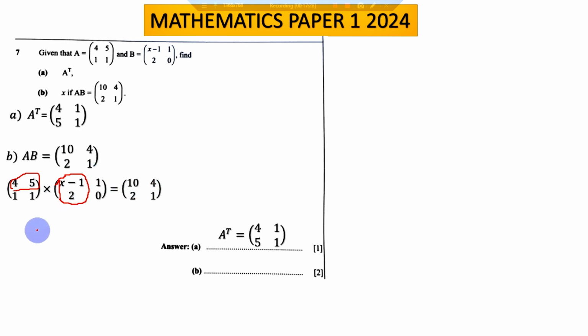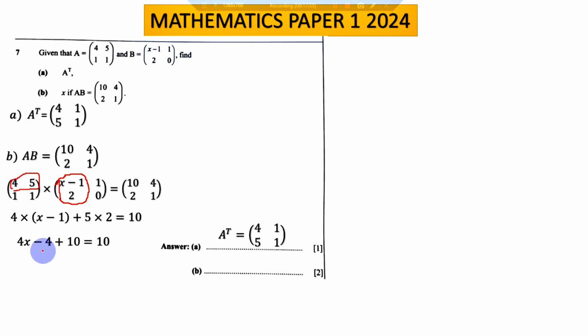So 4 times x minus 1, so 4 times this, you put them in brackets. So 4 times open bracket x minus 1 plus 5 times 2 equals to the first element in this other matrix, which is a 10. Then we solve this equation. So 4 times x, 4x, 4 times negative 1, negative 4, and then 5 times 2 is 10 equals to 10.